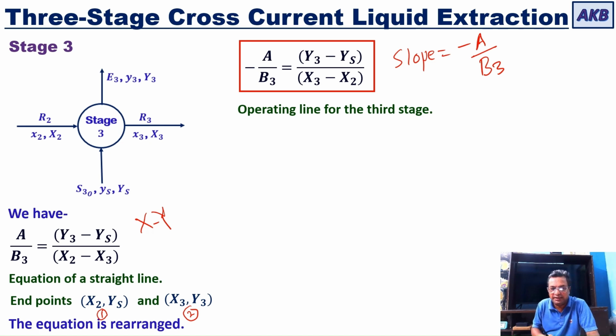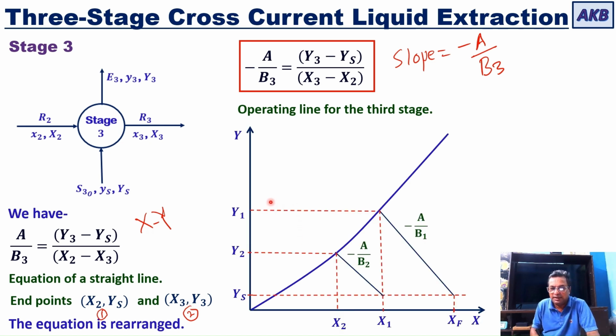Now let us plot this line on the XY plot. Let us continue with our previous graph. Since one end of the operating line is X2, Ys, which is this point, the operating line for the third stage should start at this point. So I'll draw the line with a slope of minus A upon B3. I get this line, I extend it so that it intersects with the equilibrium curve, which is true if the stage is ideal.